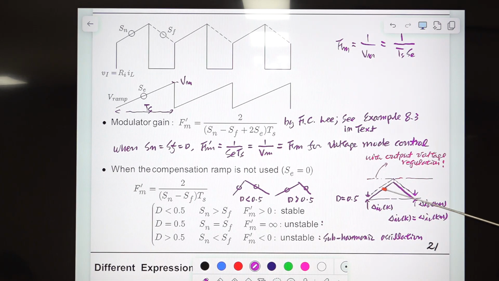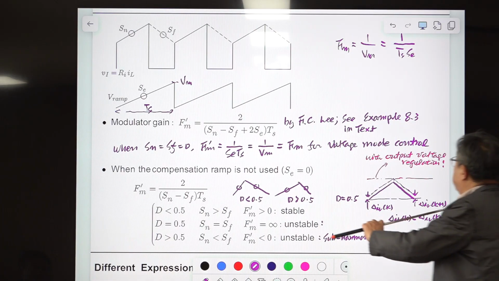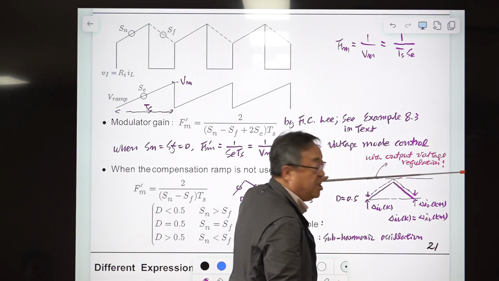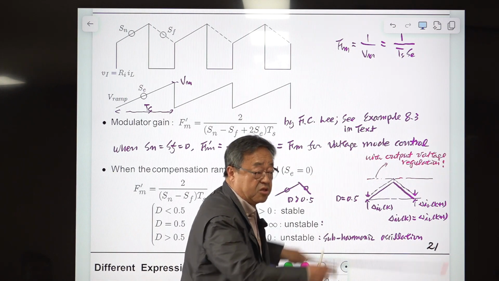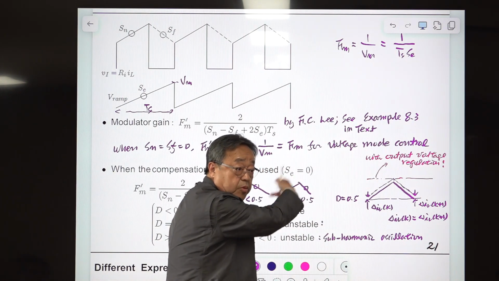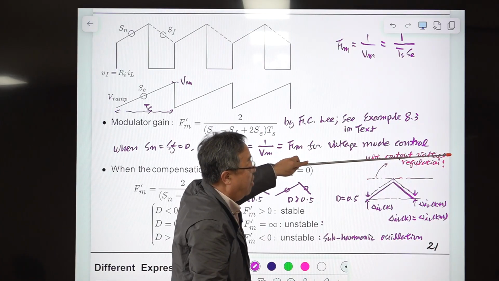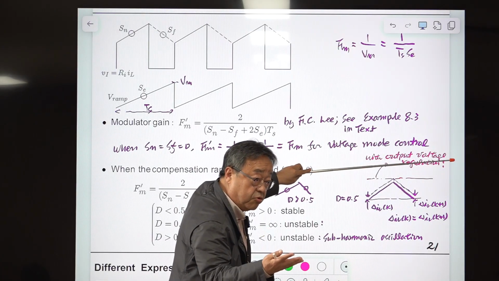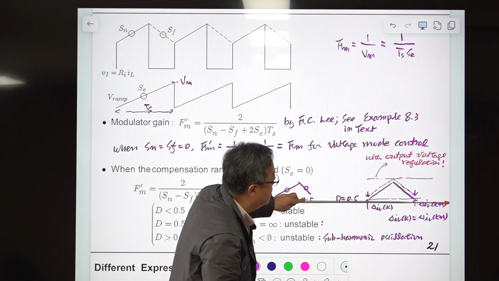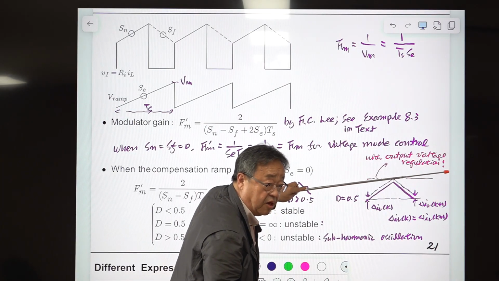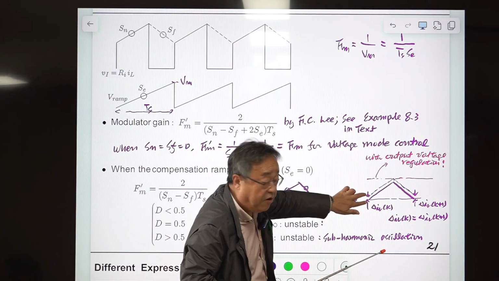Here the duty ratio is 0.5, so here the duty ratio should also be 0.5. For that purpose, this control voltage should increase like this. Here we are considering closed regulation. On the condition that the output voltage is regulated at a fixed value, the control voltage should be increased like this. Then this is the initial error.